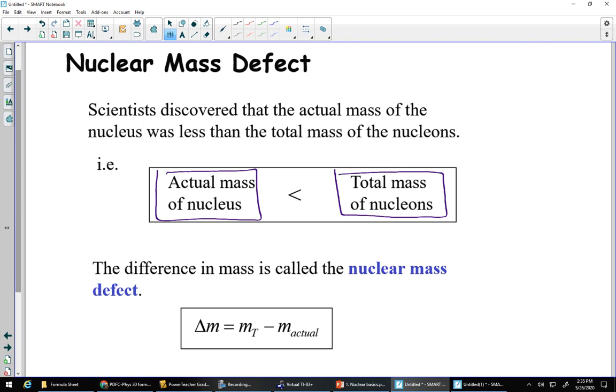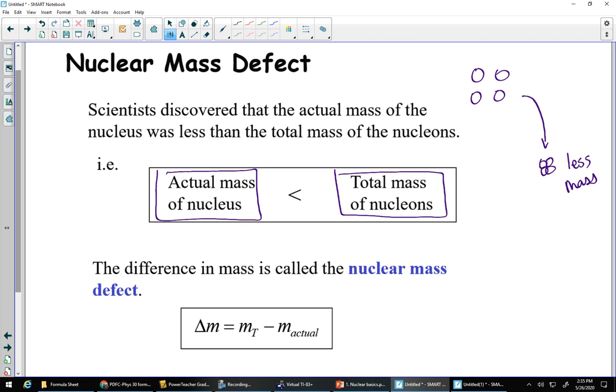So let's think about that for a quick second here. If I had something with, say, 4 nucleons, I don't even care what they are, and they're totally separate, when they come together and they make a nucleus, this has less mass than the individuals, which is pretty weird, right?